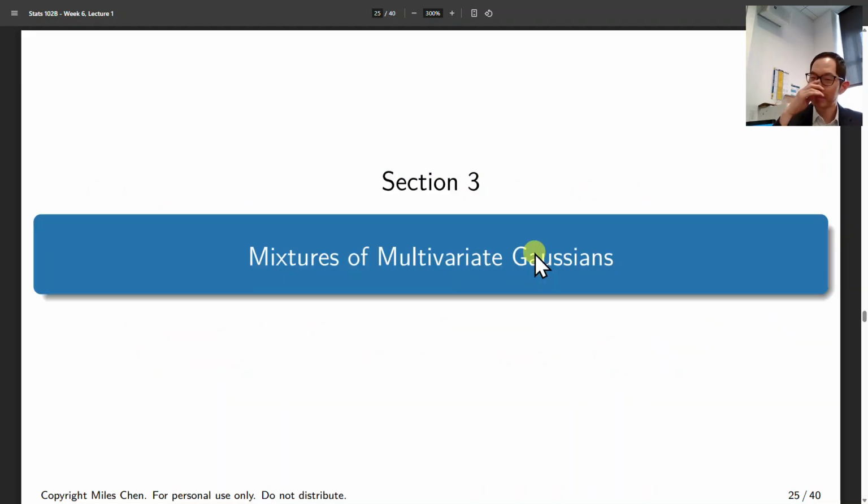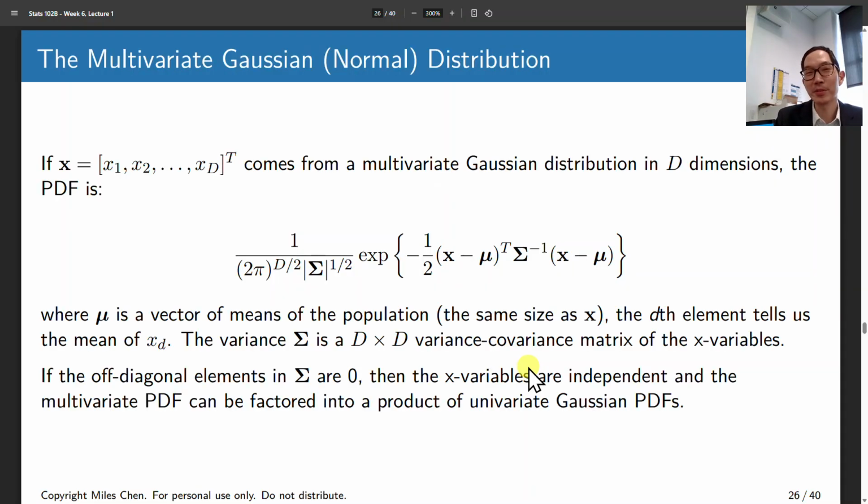Okay, and we can use the Bayes classifier in many other contexts, and so I want to do a mixture of multivariate Gaussians, as we might often see numeric values. Again, our multivariate normal distribution has this PDF, and we talked a little bit about this on Friday.